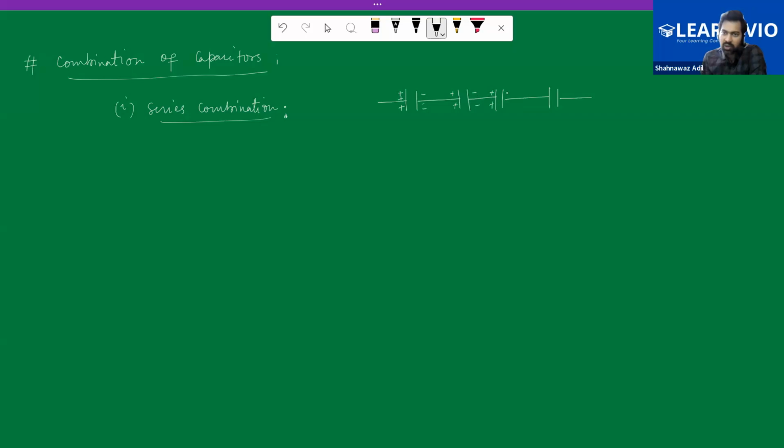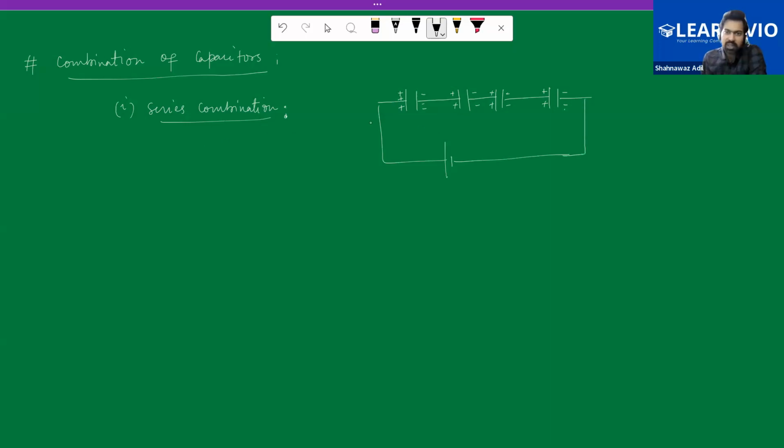So they are alternatively connected. The negative part is connected with the positive, the negative part is connected with the positive, right? So this is how it is connected.